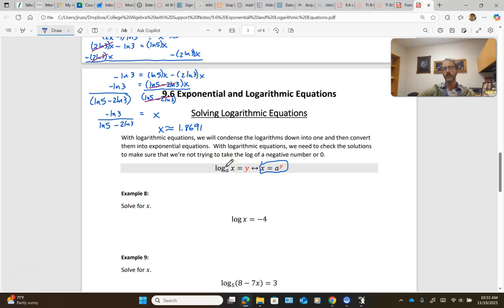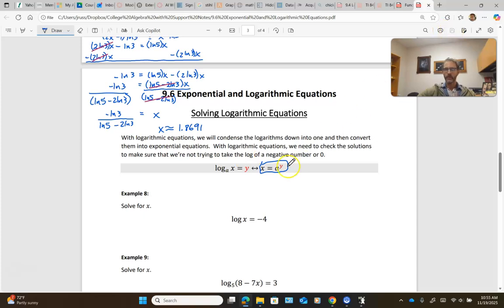In trying to evaluate a logarithm, we would look at it from this perspective. The answer is y, and so we would think about a to what power y is equal to x, or is equal to the argument of the logarithm.